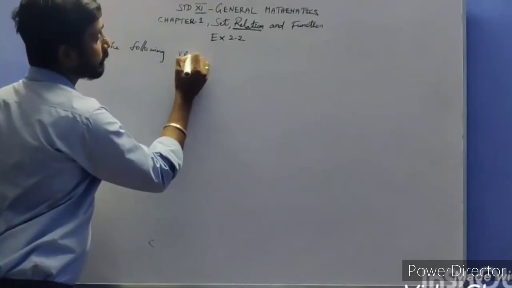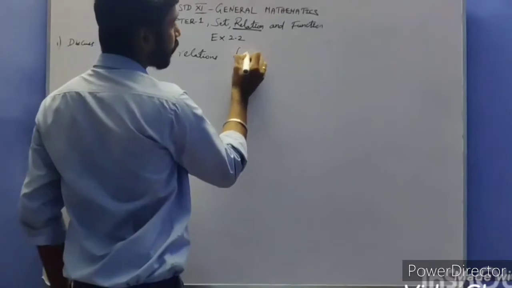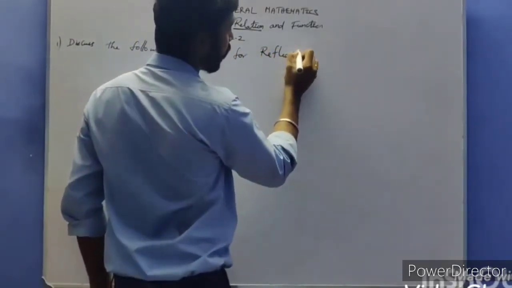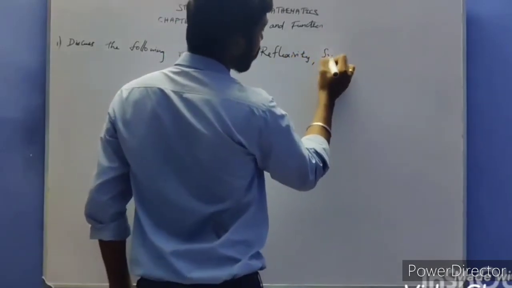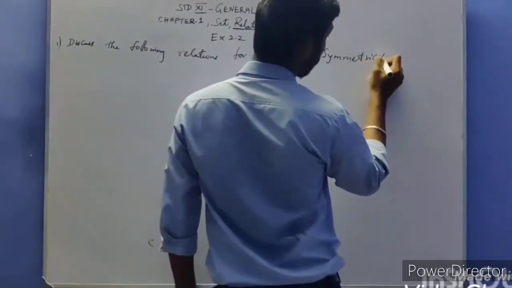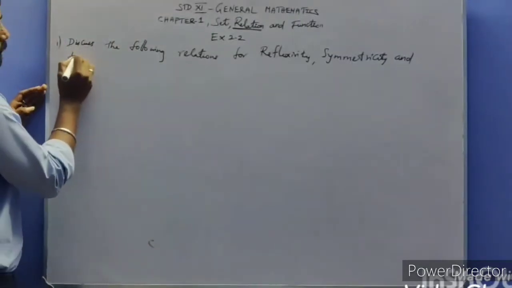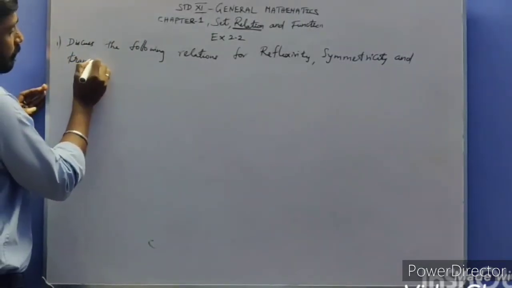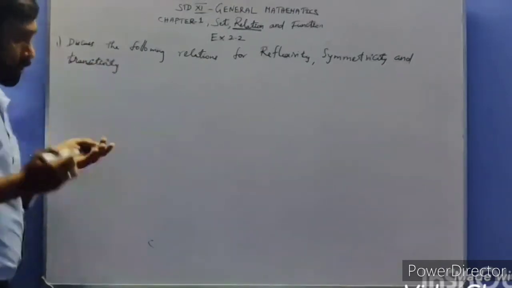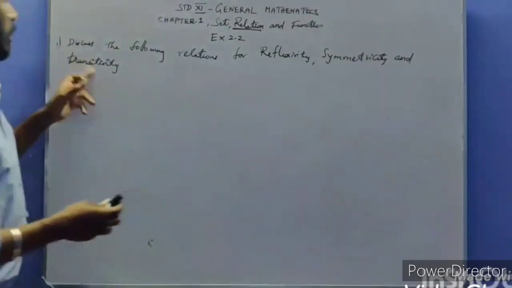The following relations for reflexivity, symmetricity and transitivity. Here we discuss three topics: reflexivity, symmetricity and transitivity.